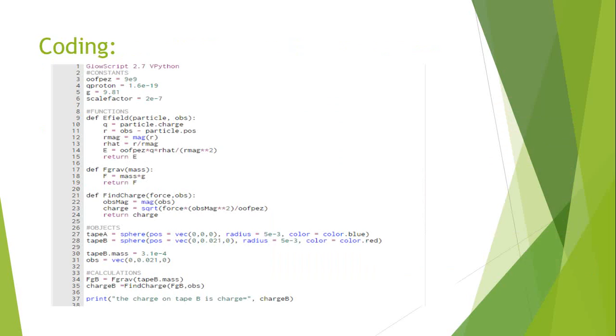Here in the code, first I put the constants, then I create the functions to calculate the electric field, the gravitational force, and find the charge QB in our case. Then I draw tape A and tape B as spheres instead of rods or tape, and I calculate the gravitational force and the charge QB.